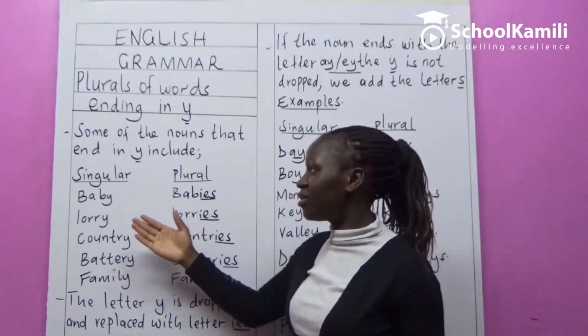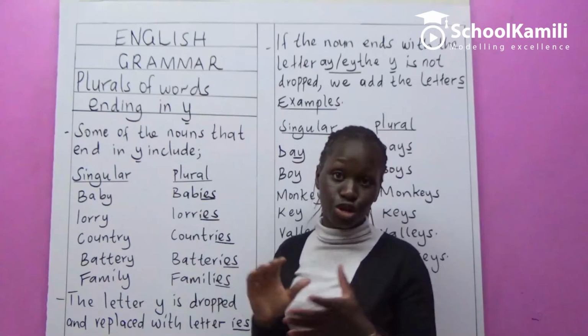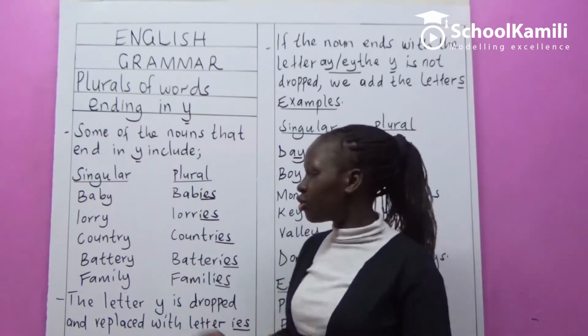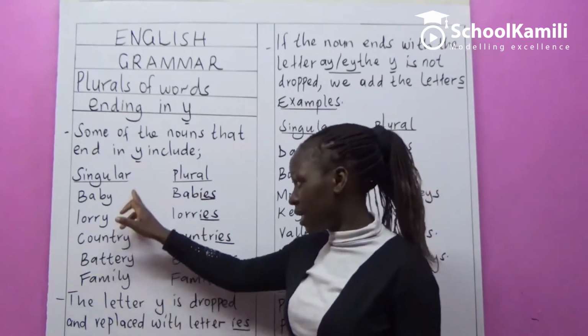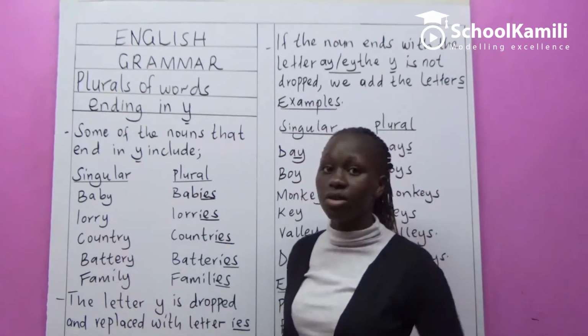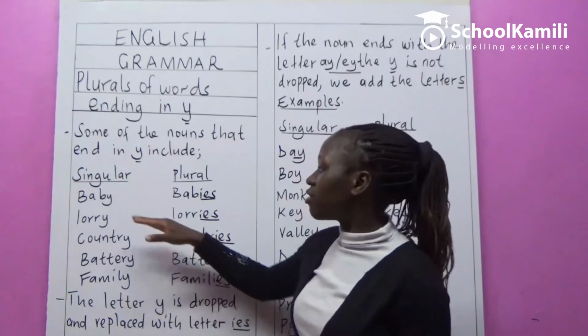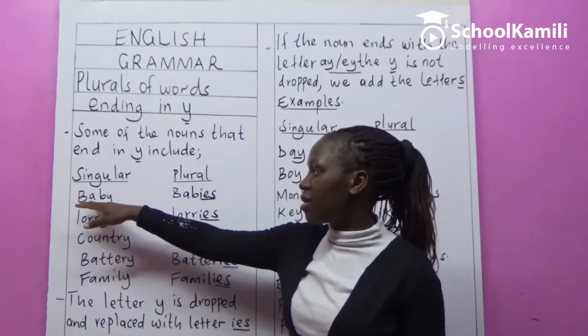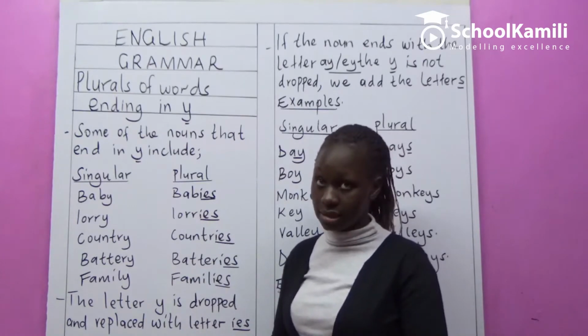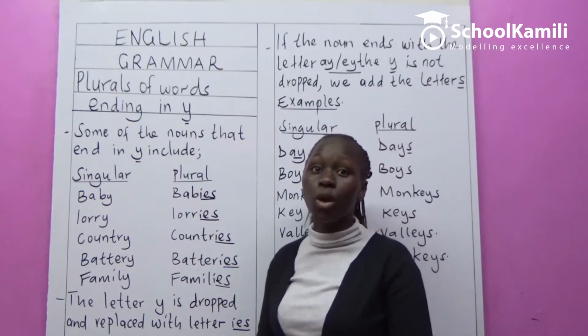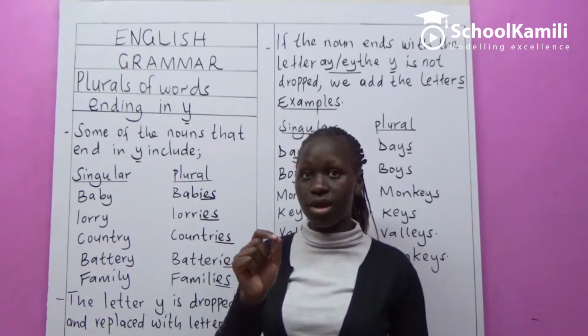If we try to pronounce it, it will not be correct. So what happens is that you drop the letter Y, or you can take a pencil and cancel the letter Y so that you don't get confused. Then you remain with the first three letters, then replace with IES. And that makes the plural of words that end with letter Y.